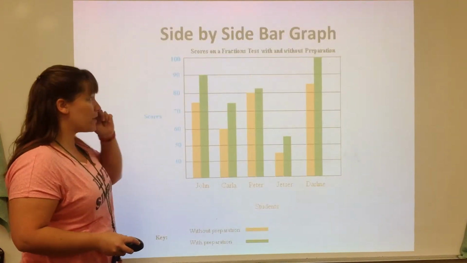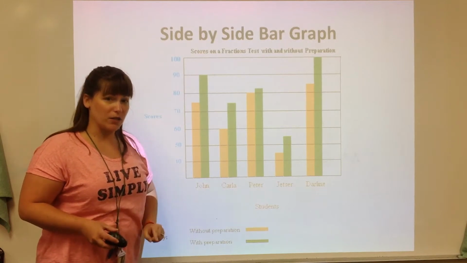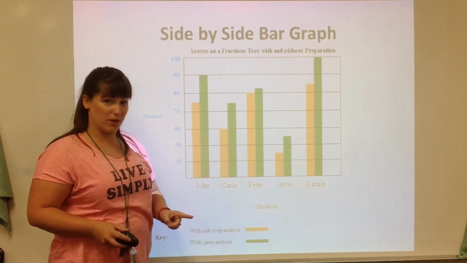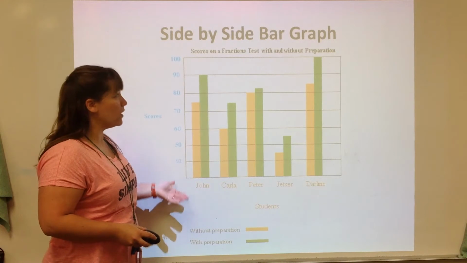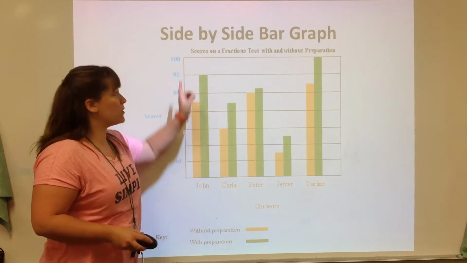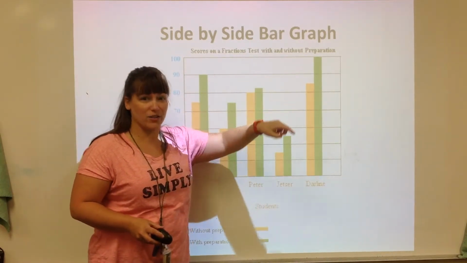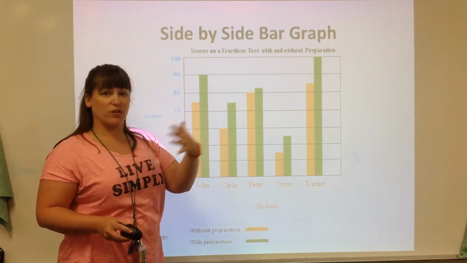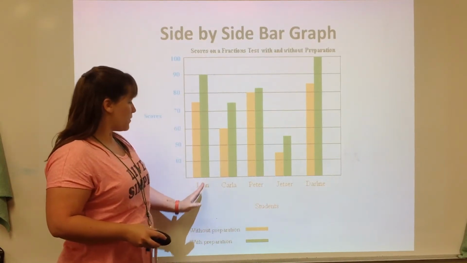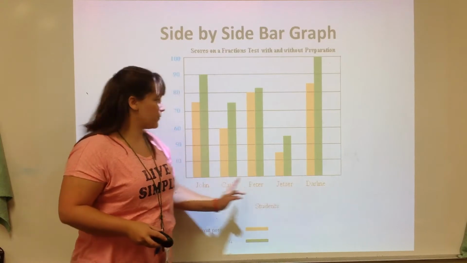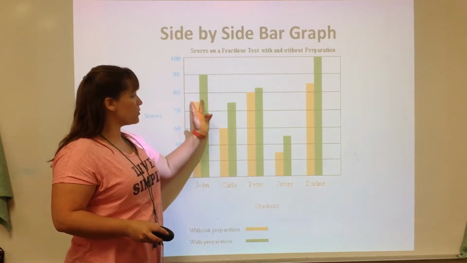Another example of a bar graph that maybe you haven't seen as much is called a side-by-side bar graph. This is a very interesting example with the topic, scores on a fractions test with preparation and without preparation. Down here we have each student, and each student took two fraction tests.